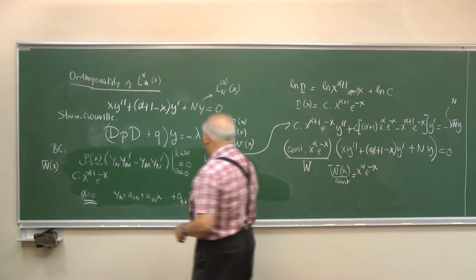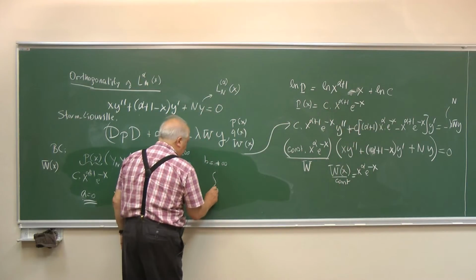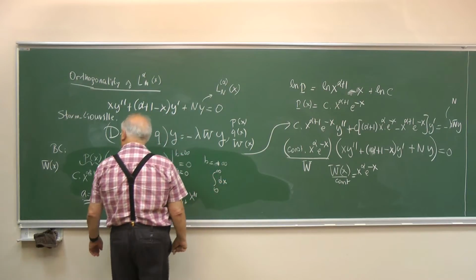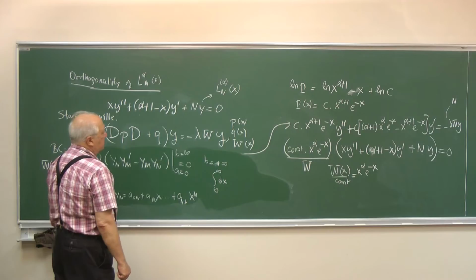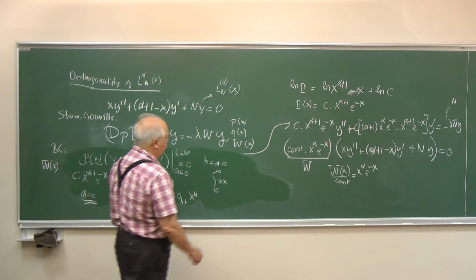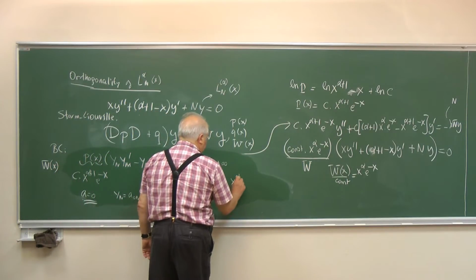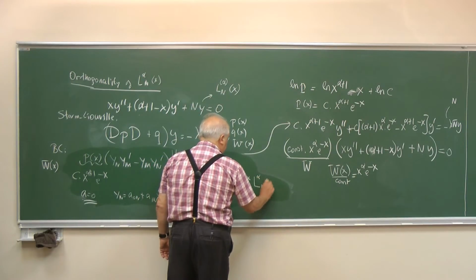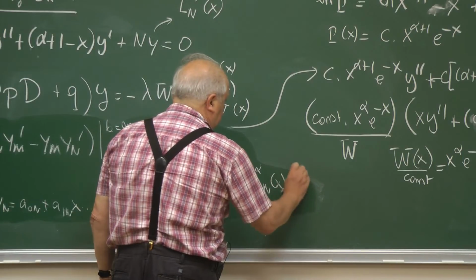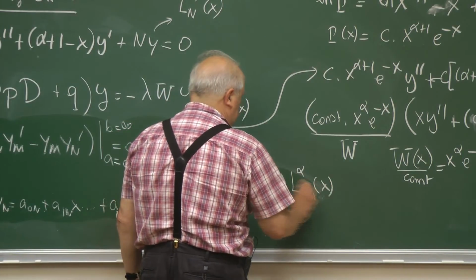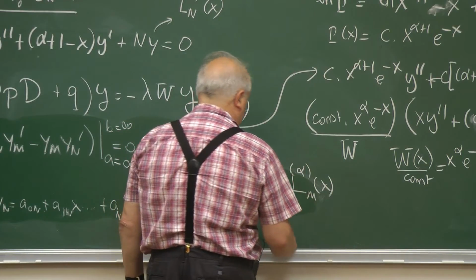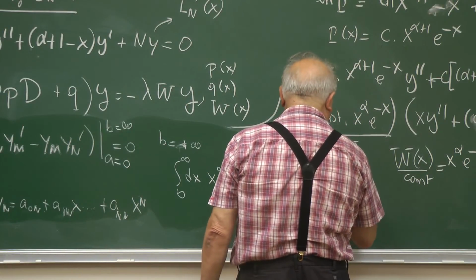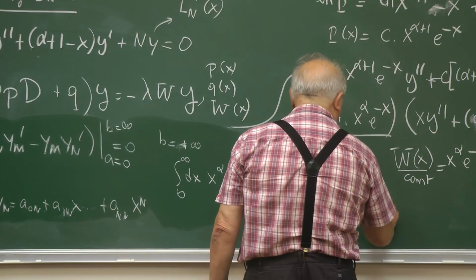So therefore we can say the integral from 0 to infinity dx, W of x, which is just x to the alpha e to the minus x, L alpha n of x, L alpha m of x, is proportional to delta n m.